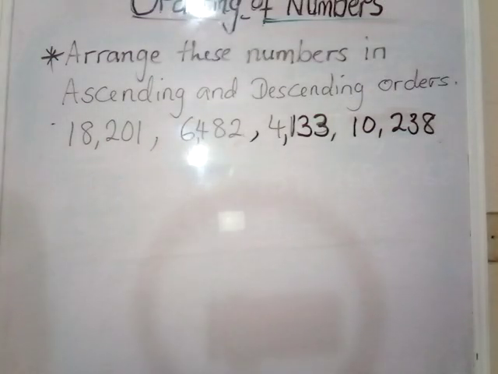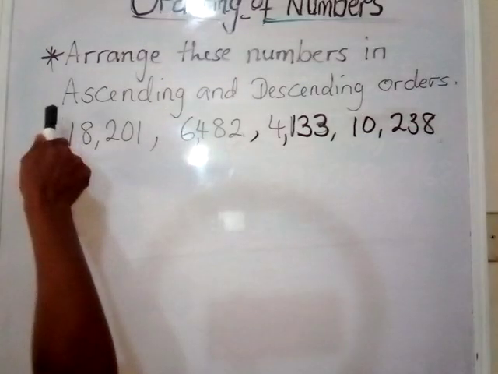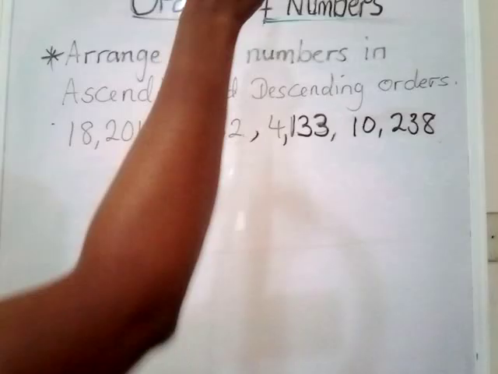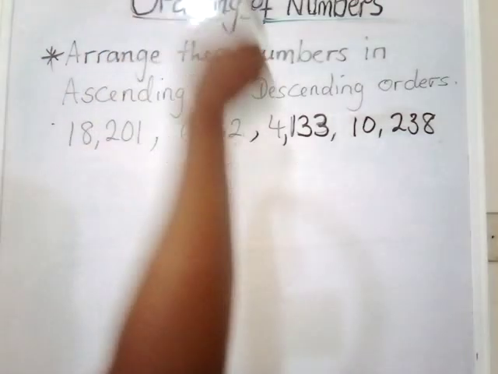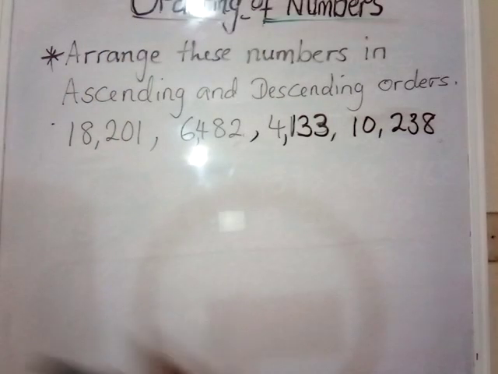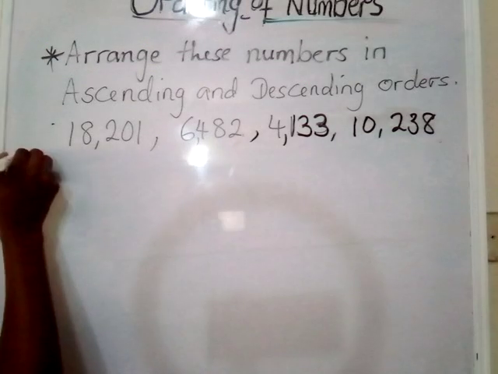Maybe you're just used to greatest to the least or least to the greatest, and then when you see ascending or descending orders in your exam, you get confused. So ascending, like I mentioned earlier, means you're going up from smallest to biggest. Descending means you're coming down from the largest number to the smallest number. Okay, so let's do the first one, ascending.